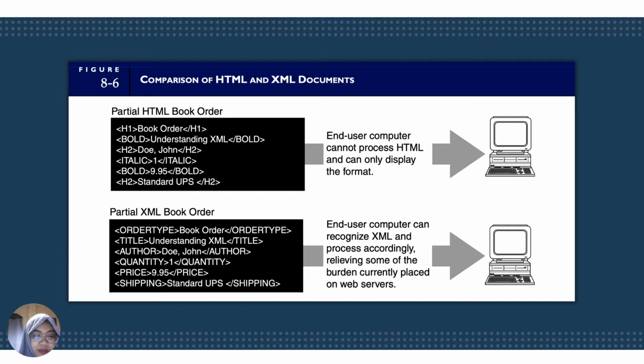The bookstore order prepared in XML presents order attributes in a relational form that can be automatically imported into a bookseller's internal database. So in other words, in the HTML book order, the end user's computer cannot process HTML and can only display the format, while in the XML book order, the end user's computer can recognize XML and process it accordingly, relieving some of the burden currently placed on the web servers.